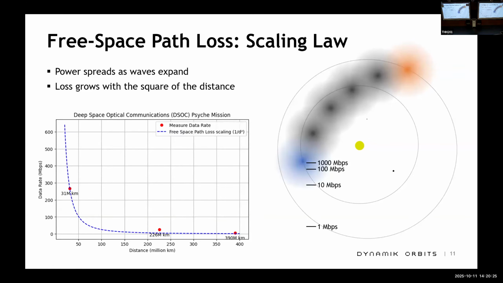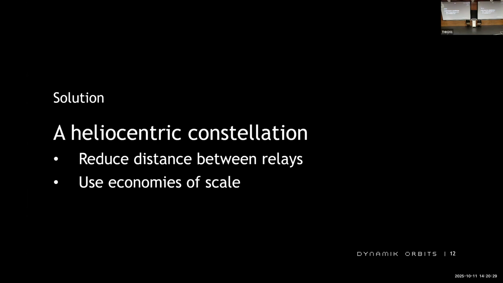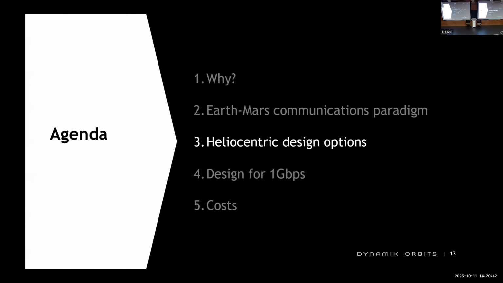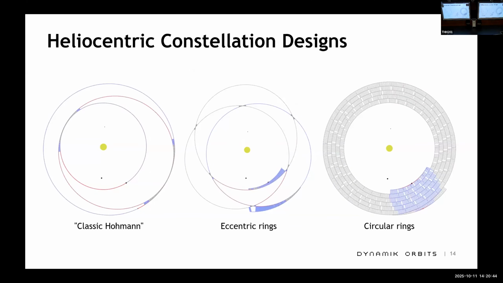So you need a bunch of relays, basically, not just 4, like you can see on the right side here. So we need a heliocentric constellation that will reduce distance between the relays to have as many satellites as possible. And since you have many satellites, just like Starlink, use economies of scale to mass manufacture them at a lower cost.